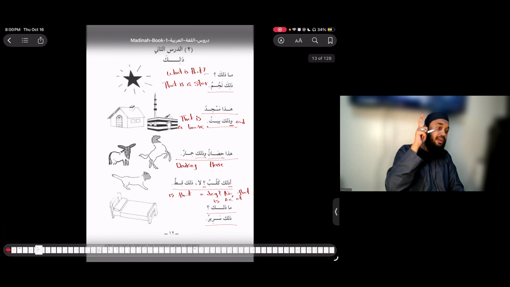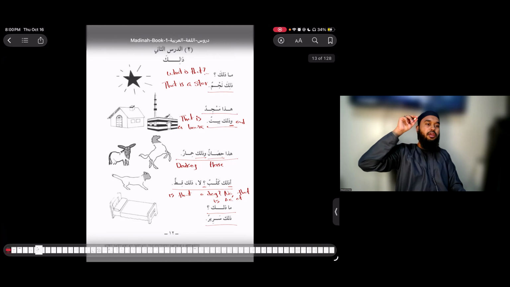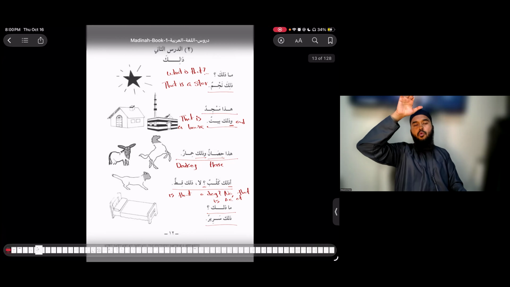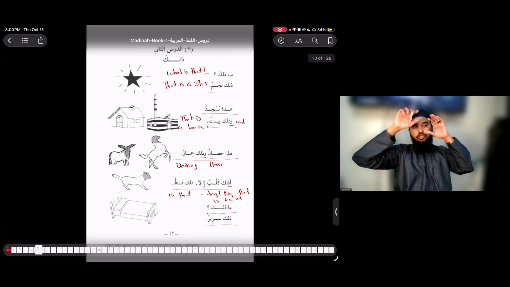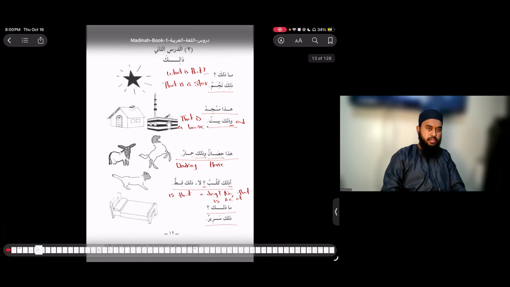And he's going to be like, dhalika najmun. That's a star. You're on top of a hill and you see a minaret and a dome on a building. With your binoculars, you ask your friend, adhalika masjidun? Is that a masjid? You'll be like, naam, dhalika masjidun.